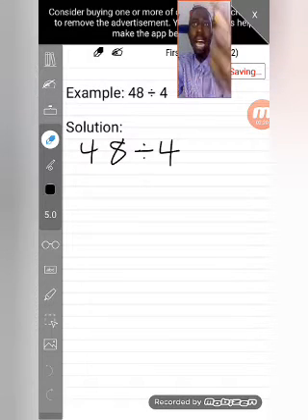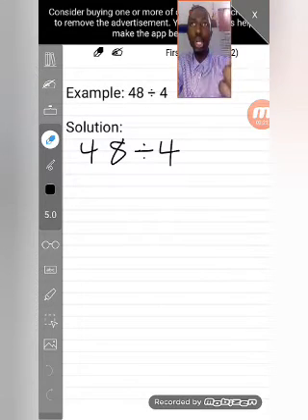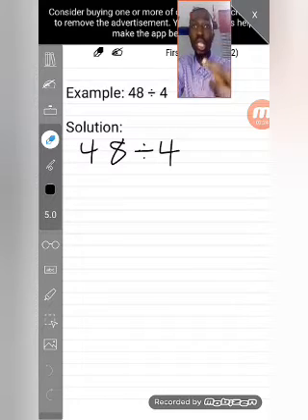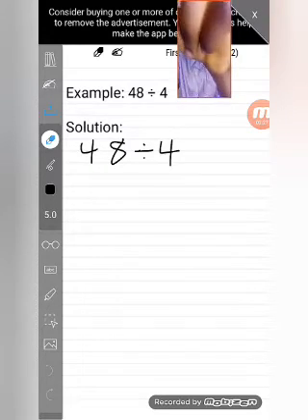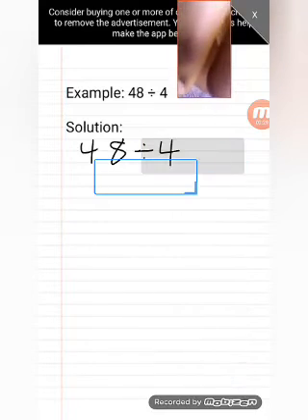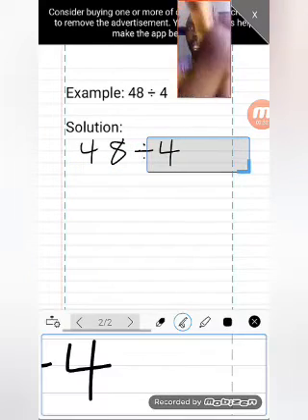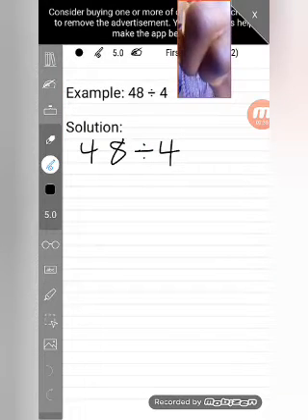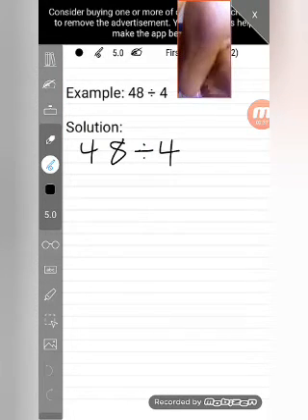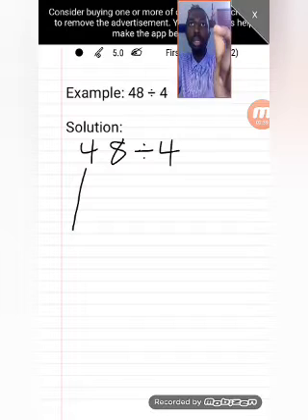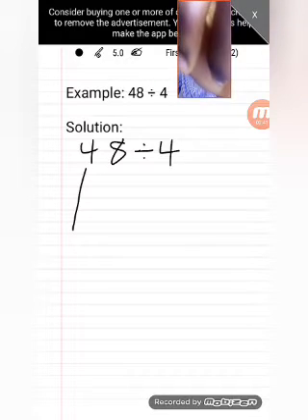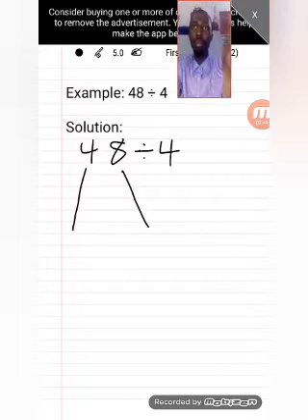So look at how we're going to divide it, and make sure you do your division separately and write your answer under each division. Before then, let's make a line and do the division of the 4 here and the division of the 8 here.